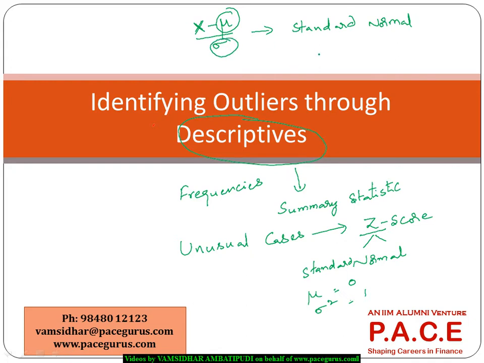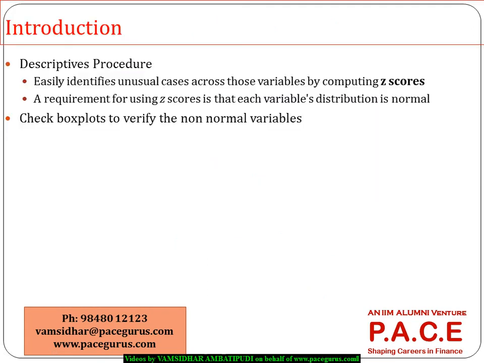Whether we are dealing with cholesterol levels, which may vary from 2 to 1000, or heights, which may vary from let's say 50 to 80 inches, whatever the size and range, all of them would be converted into a standard normal form, so that comparisons can be done quite comfortably, so that identification of the outliers can be done quite comfortably. That is what we are going to stress upon here.